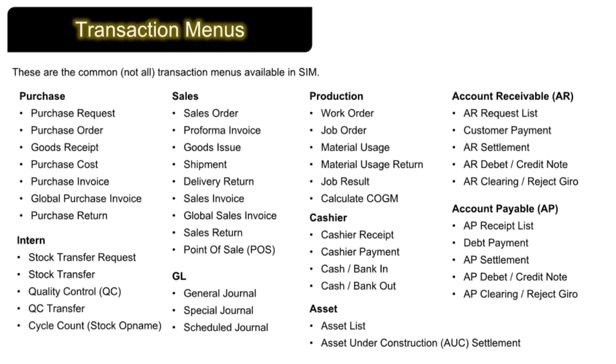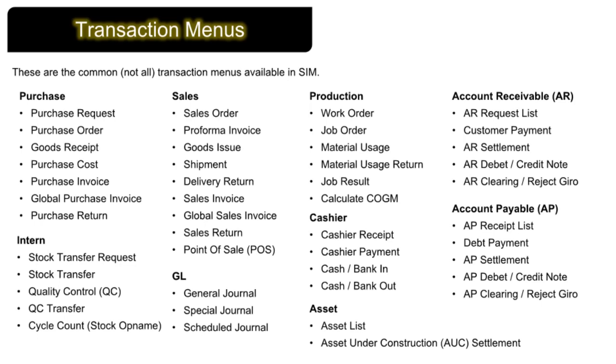In the GL section you will have general journal, special journal, and scheduled journal. In production you will have work order, job order, material usage return, job result, and calculate cost of goods manufactured. For cashier section you will have cashier receipt, cashier payment, cash or bank in, and cash or bank out.